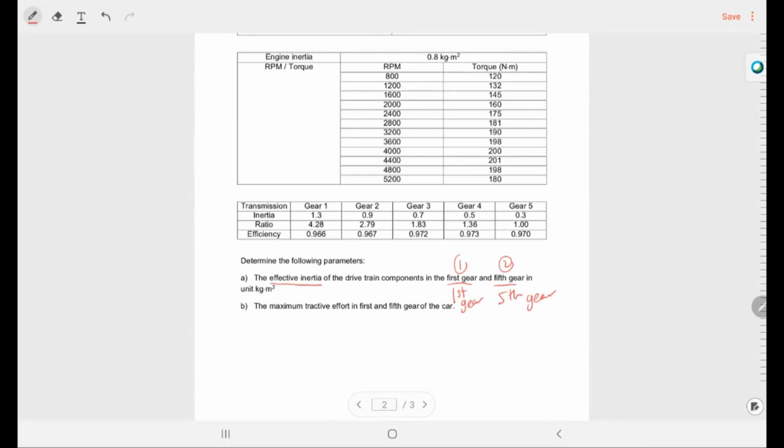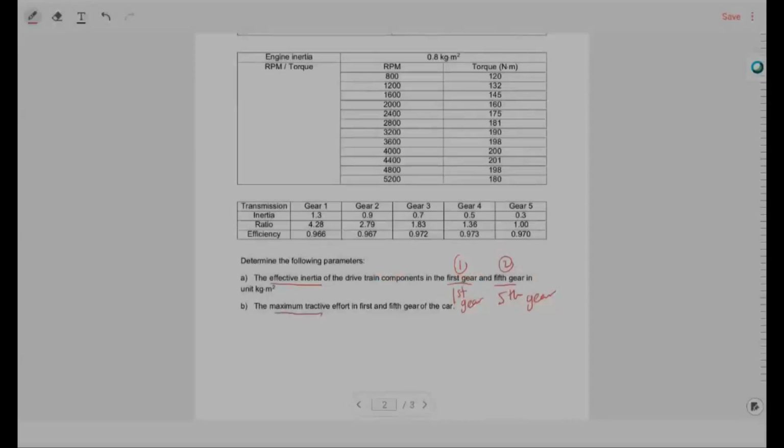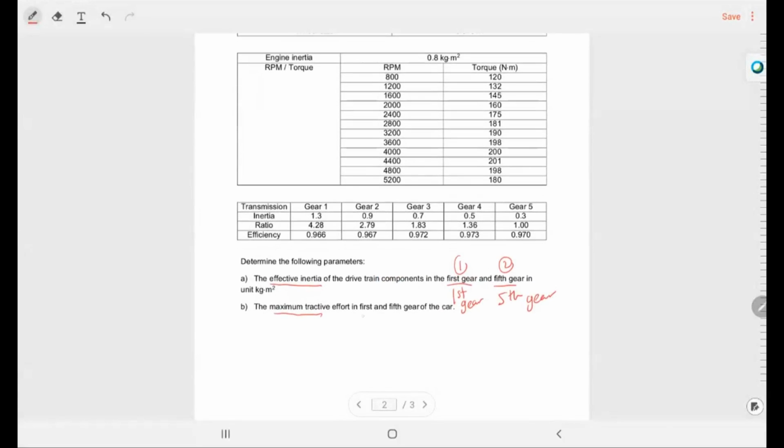And then B, to determine the maximum tractive effort in first and fifth gear of the vehicle.